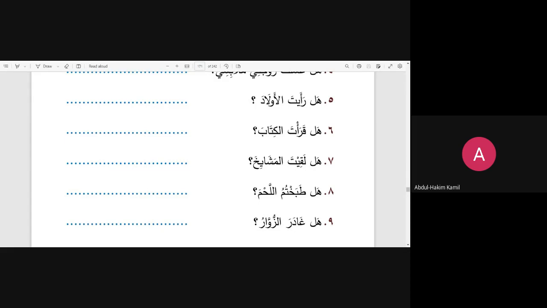ما معنى غدر؟ غدر has to do with something very disloyal, backstab, deception, just a disloyal thing. Behind the back, untrustworthy, disloyal act. Ghadr is a very bad deed.